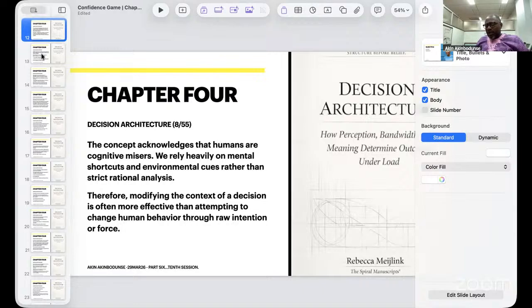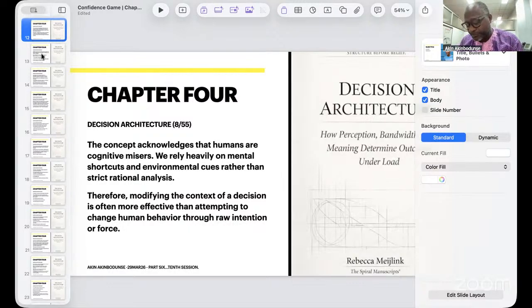So our environment can be set to negate some of those influences, once we are aware of those shortcuts or shortfalls in our decision process. Therefore, modifying the context of a decision is often more effective than attempting to change human behavior through raw intention or force.